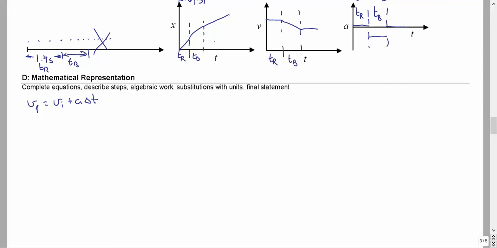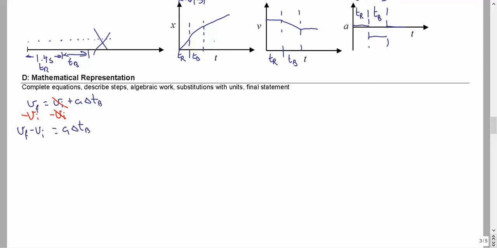I'm going to subtract my initial velocity from this side, and to get rid of that, I subtract it from the other side. So I have my final velocity minus my initial velocity is equal to a delta t. Oh, and this is the braking time, by the way.